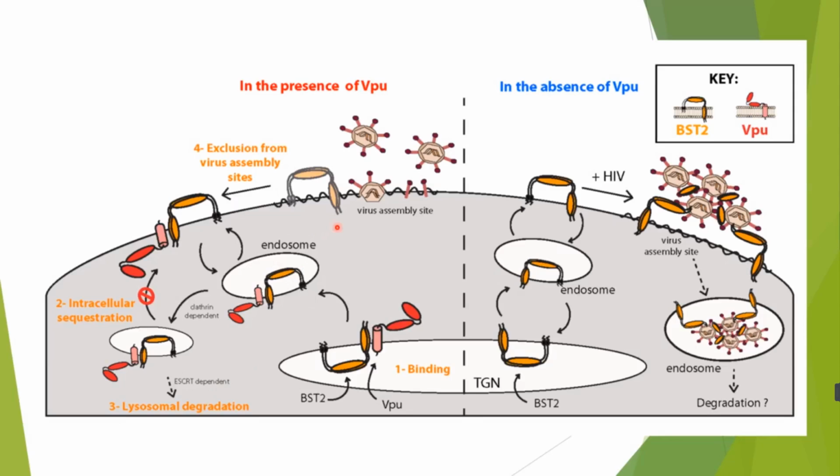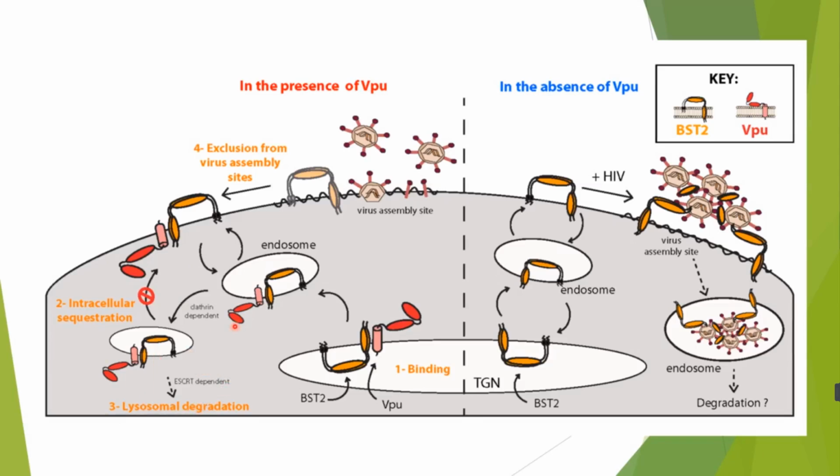If there are tetherin molecules on the cell surface, they can be bound to VPU and brought into the cell via endocytosis and again led down the lysosomal degradation pathway. So you're essentially eliminating tetherin from this particular cell. That's huge.